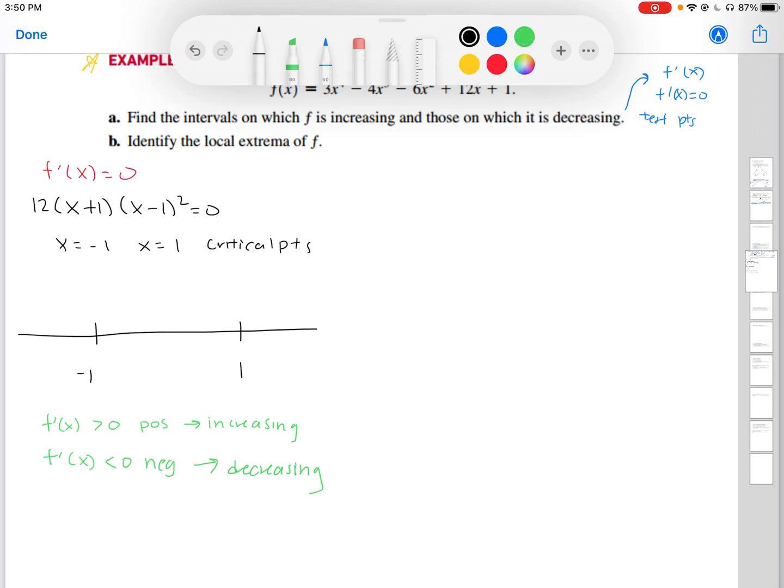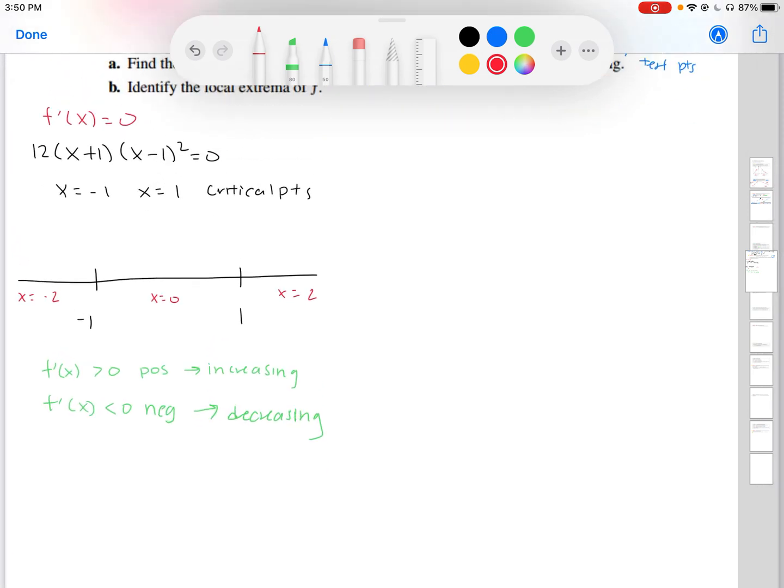So let's test some points. Let's test, for example, x equals 0, x equals 2, maybe x equals -2. And pick points that would be easier to work with. So 0 is a good one to work with if it's possible.